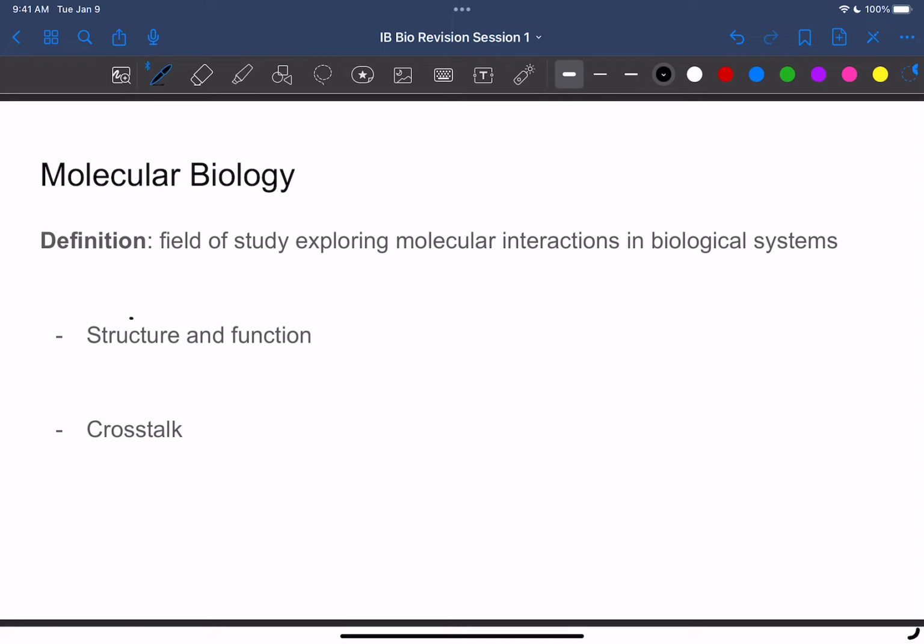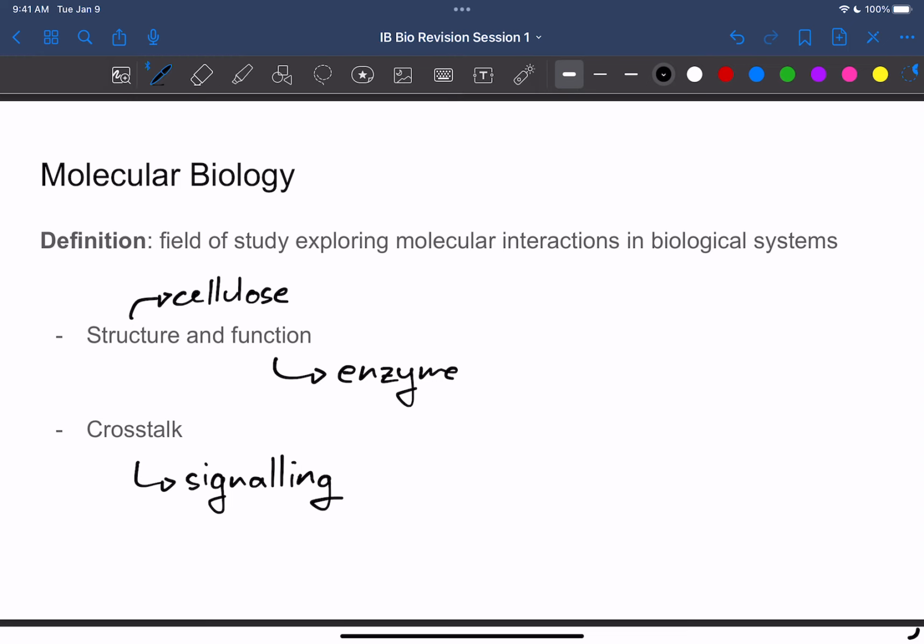So structure can be something like cellulose, which is a special biomolecule in plants to help them stay structurally integral. And function, so something like an enzyme, what an enzyme does, what its role is, and also crosstalk. So how all of these things interact with one another in biological systems. This can be something like signaling, whether it be extracellular or intracellular, all that fun jazz.